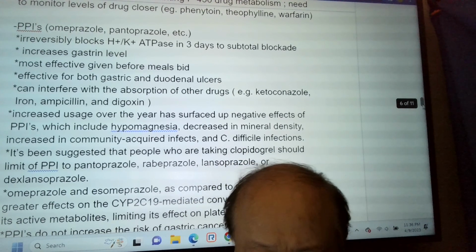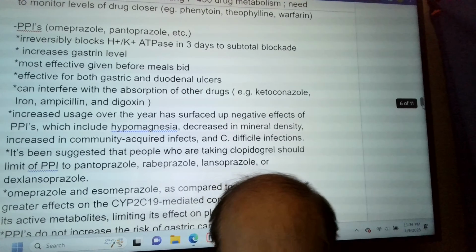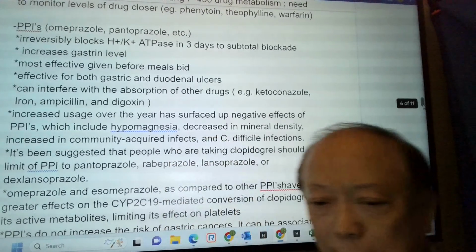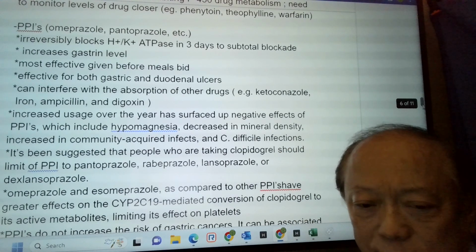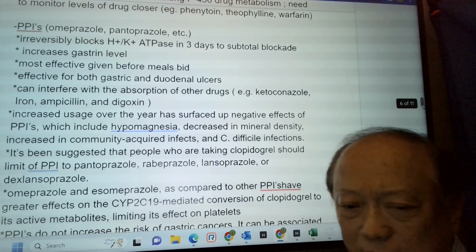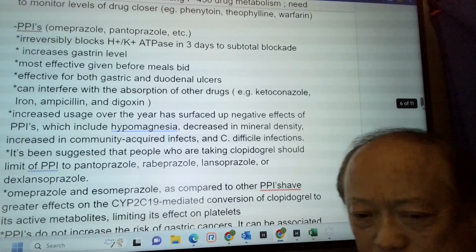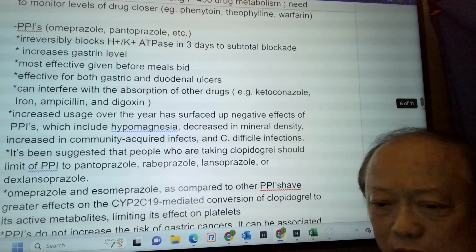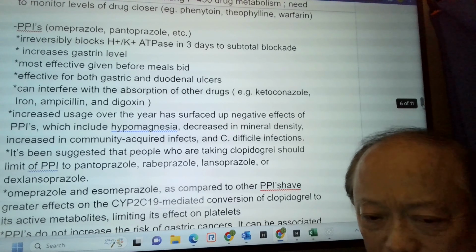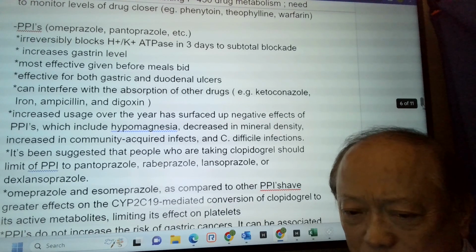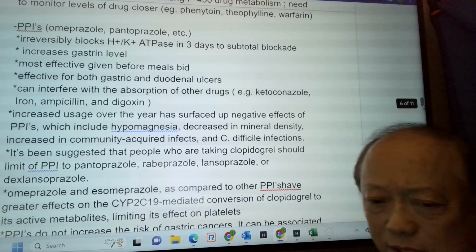Anyway, omeprazole and esomeprazole, as compared to other PPIs, have a greater effect on the CYP2C19 mediated conversion of clopidogrel to its active metabolites, limiting its effect on platelets.